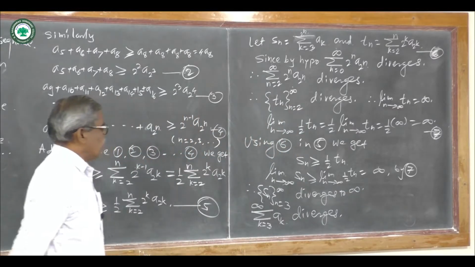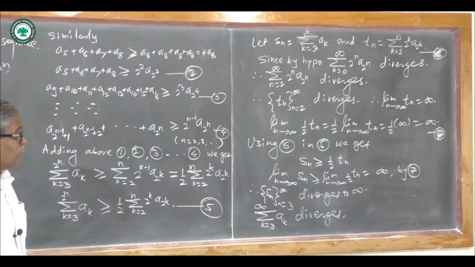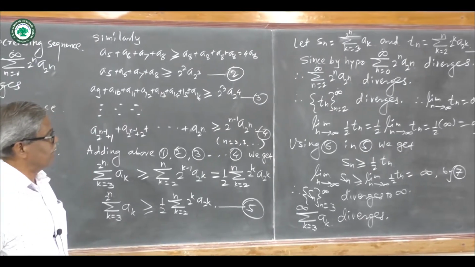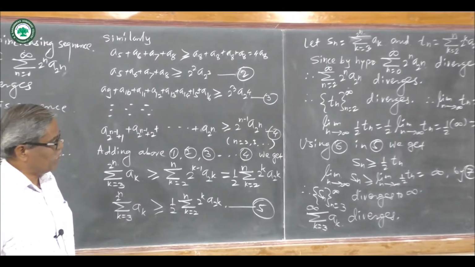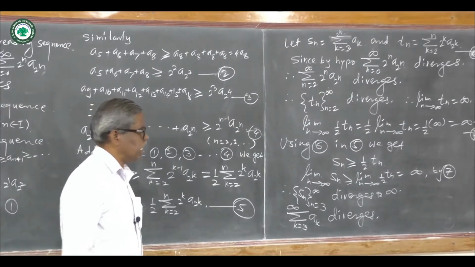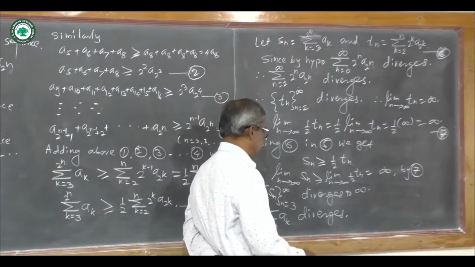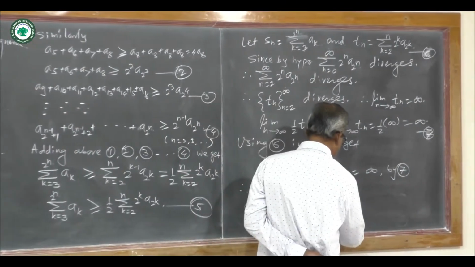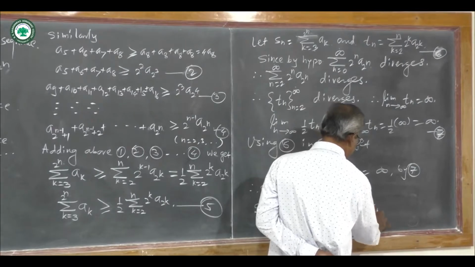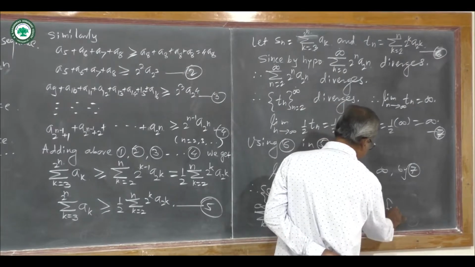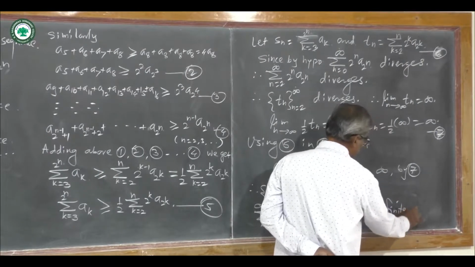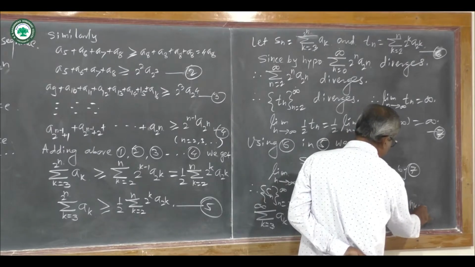Adding finite number of terms A1 plus A2, we see that sigma A k, k is equal to 1 to infinity diverges to infinity.